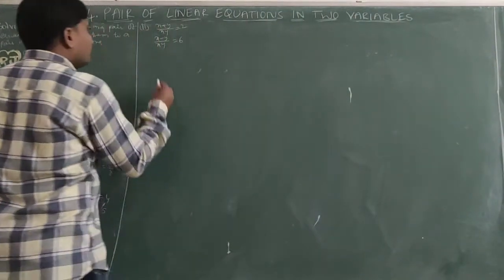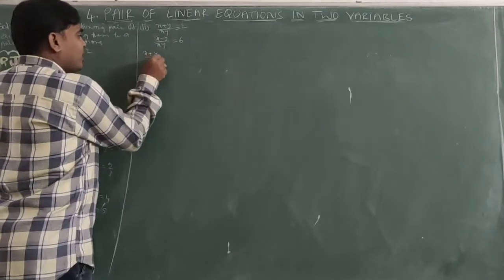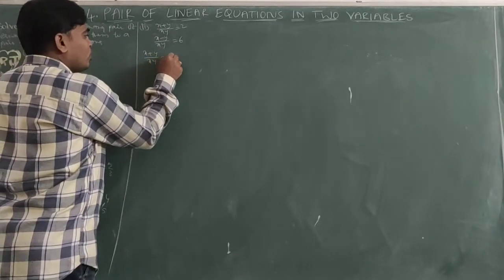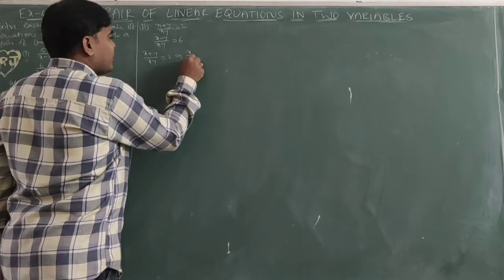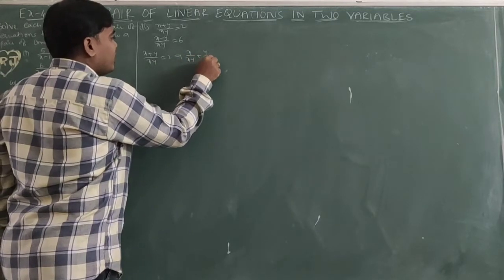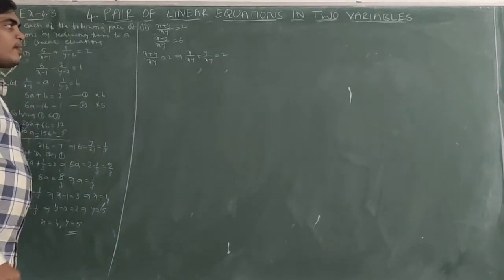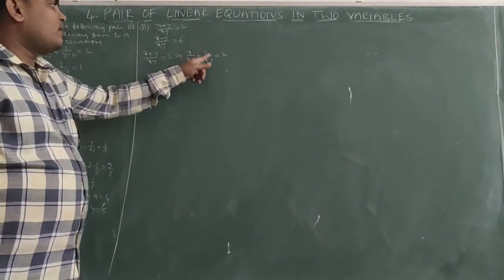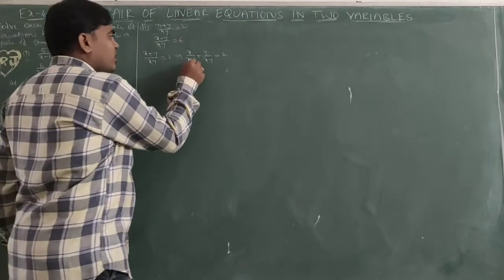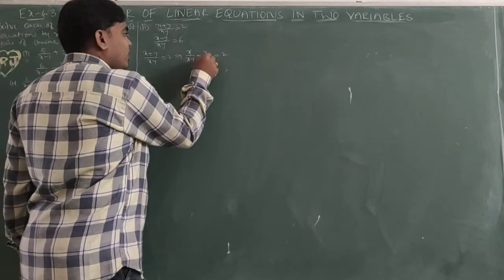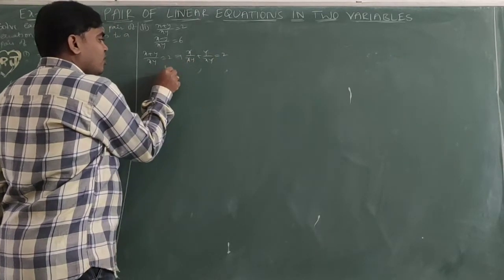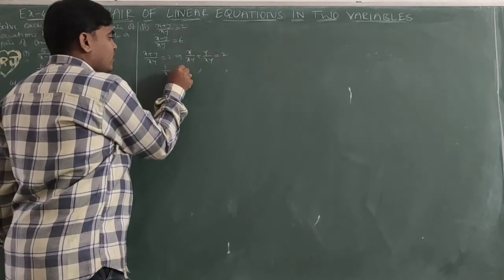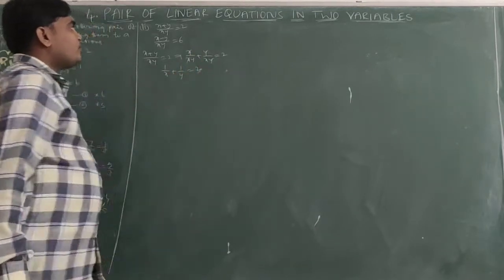So x plus y by xy, splitting, equal to x by xy plus y by xy equal to 2. x cancels, y cancels. First I am writing this: 1 by y plus 1 by x equal to 2.